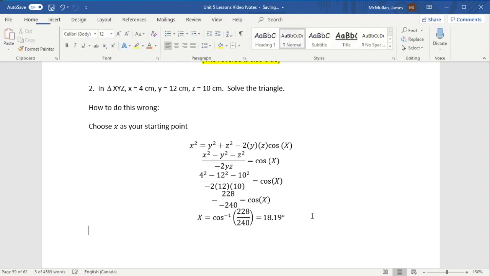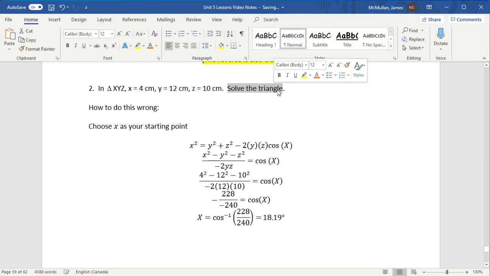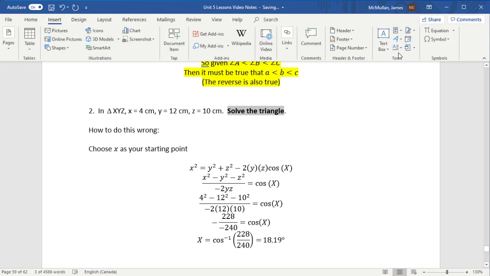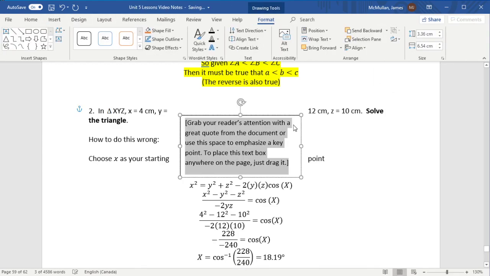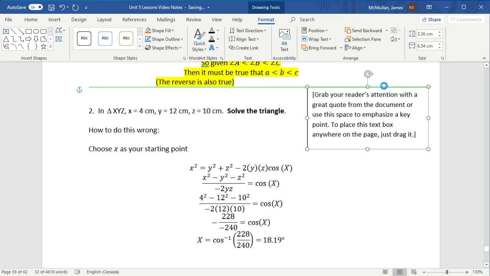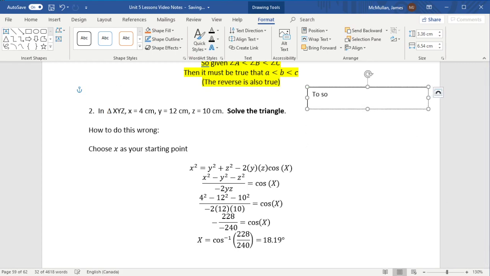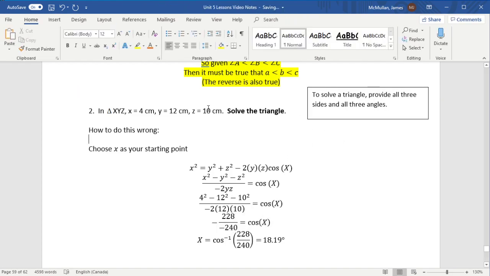Now, it says solve the triangle. Understand that to solve a triangle, you provide all three sides and all three angles. Now, of course, in our case, we know three sides.